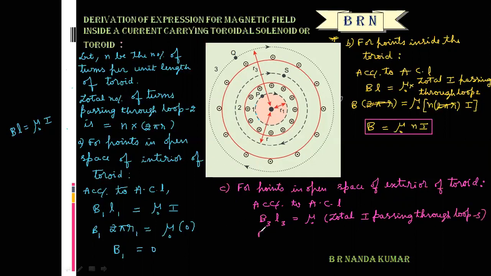So B3 L3, where L3 is the total length of loop 3, that is 2 pi r3, is equal to mu naught times the total current passing through loop 3. How much is that? The total current passing through loop 3 is actually equal to 0.